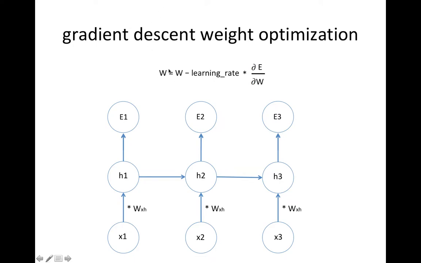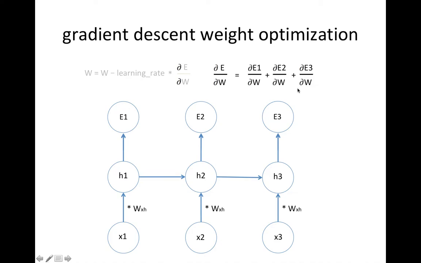So the new weight value is equal to the old weight value minus the learning rate times the derivative of the error with respect to the weight, dE/dW. I'm going to just say derivative as d from now on. In order to get dE, we need to get dE1 plus dE2 plus dE3.